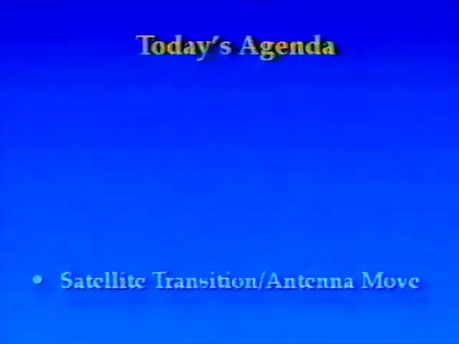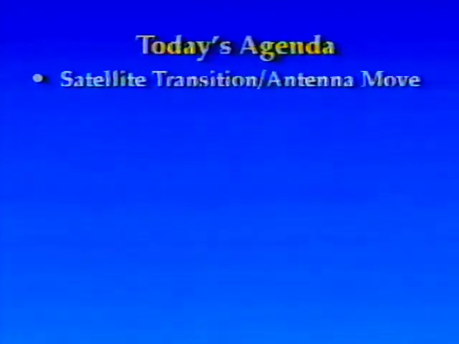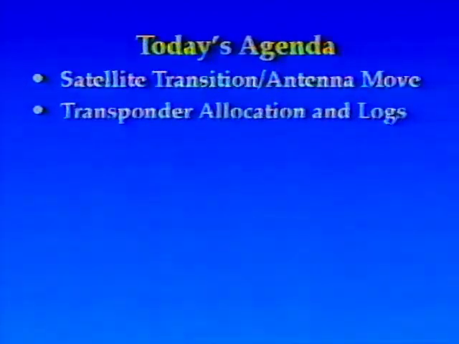Today's agenda includes discussion of the satellite move, the antenna moves, the satellite transition itself. That's most of the material that was discussed a couple weeks ago by Bill Hall at the Satellite Operations Center. Then I'll be talking about transponder allocation and log issues. That's some of what I discussed and some of what Nick Agresti from Broadcast Operations discussed in the first video conference.